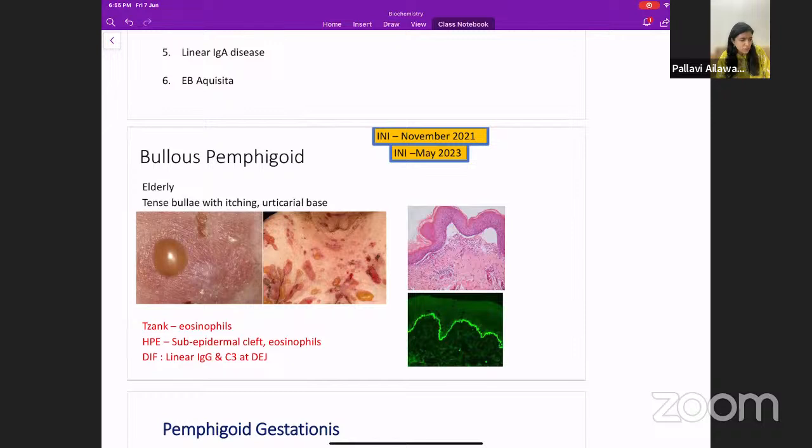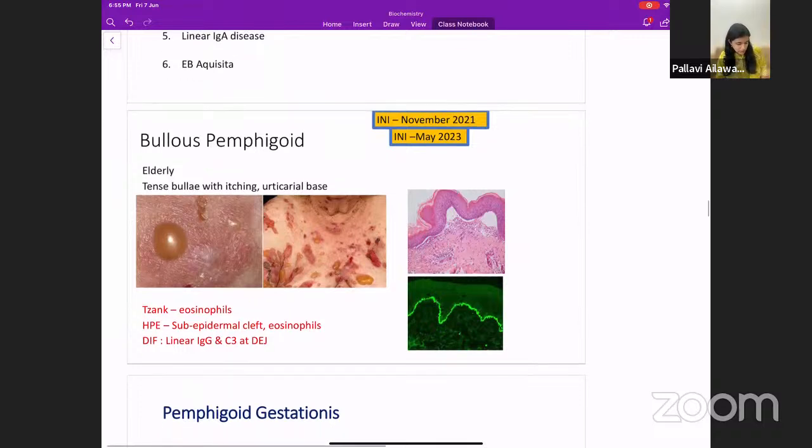Can you tell me some other uses of rituximab? Where else is rituximab used? Can you tell me any other disease where it is used? Rheumatoid arthritis, lymphomas, SLE. So these are other uses of rituximab.